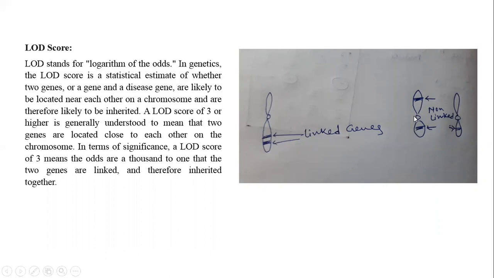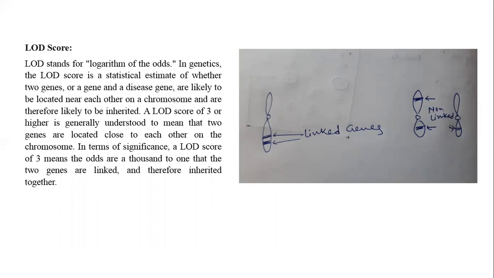But if these two genes are located in different chromosomes, or in the same chromosome on different arms, and the distance between these genes is much higher, then we cannot say that these genes are linked, and we use the term non-linked genes. This linkage can be calculated by the LOD score value.